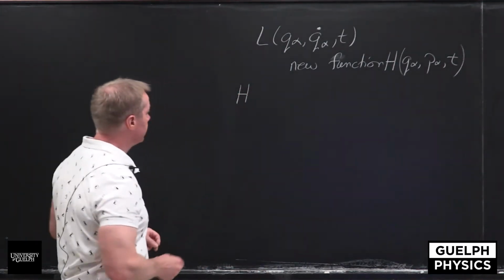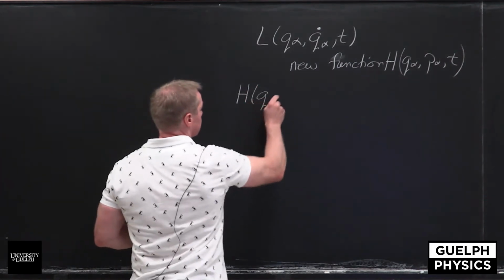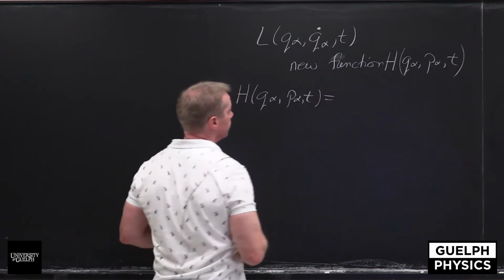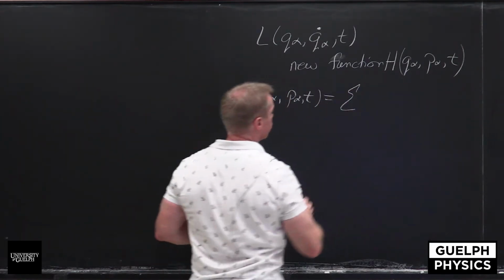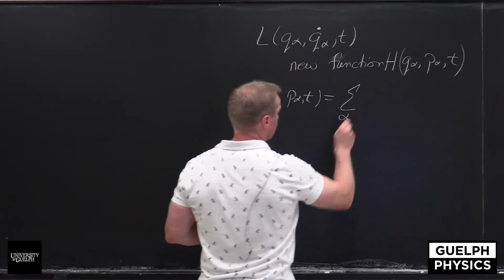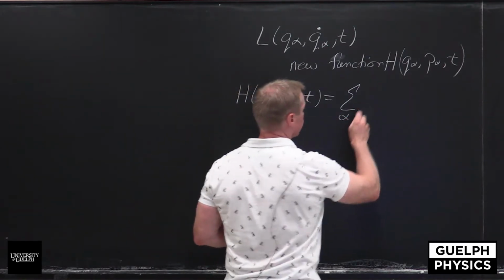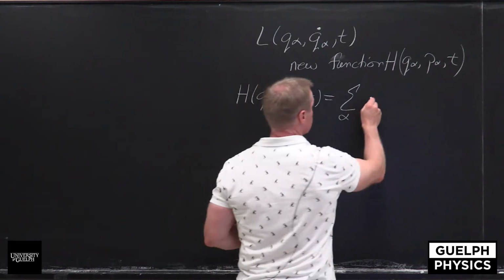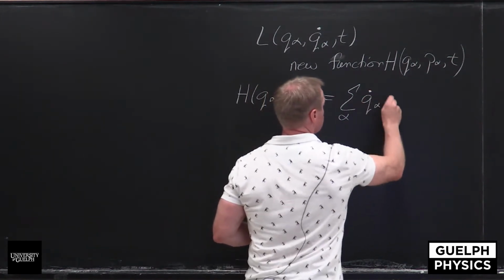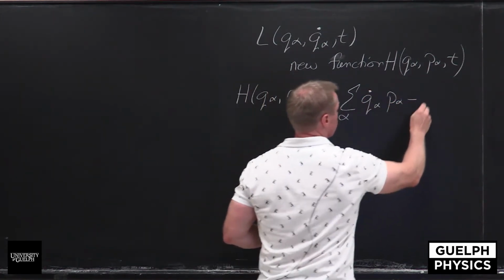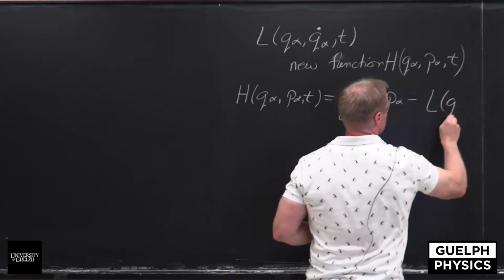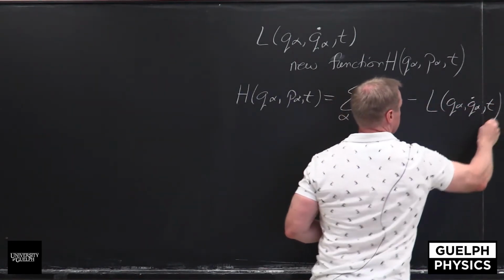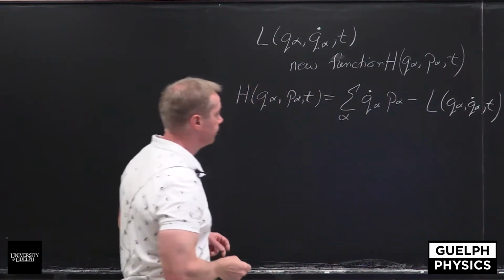And we'll simply state that H of q alpha, p alpha, and t will be our sum over all the coordinates of q alpha dot p alpha minus L of q alpha, q alpha dot, and t.